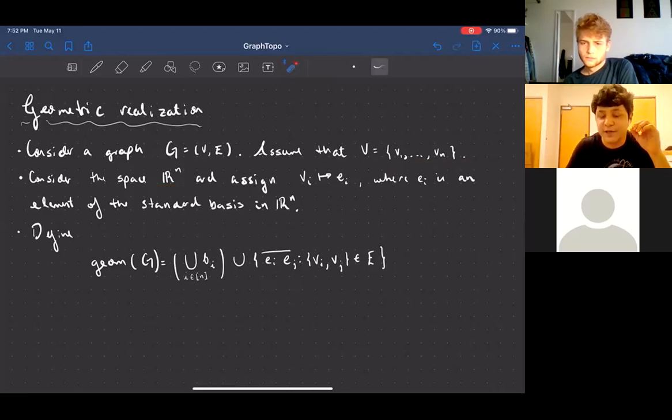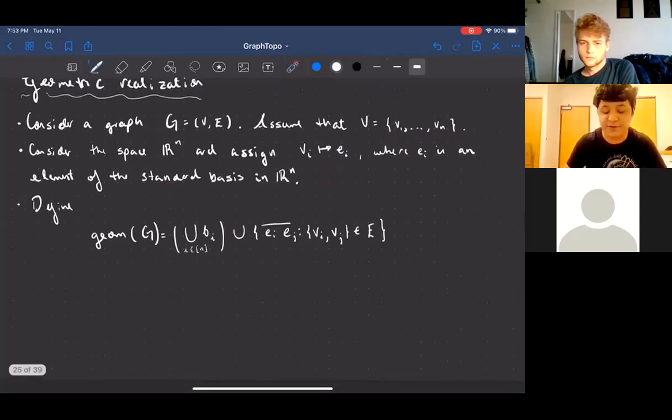For every vertex on your graph, you will map this vertex to a vector of the standard basis of Rn. And for all vertices that are connected, you will draw a line segment between these two vectors from the standard basis.